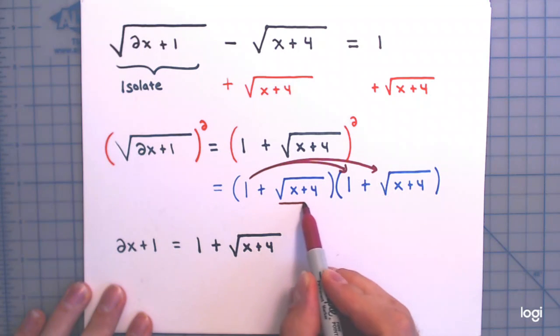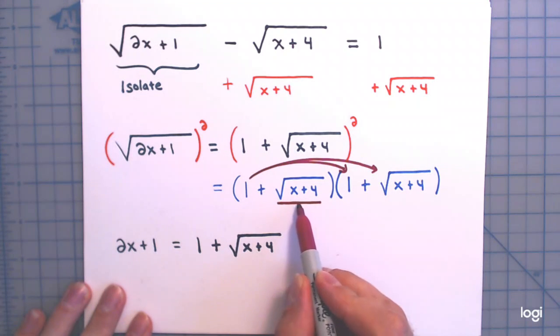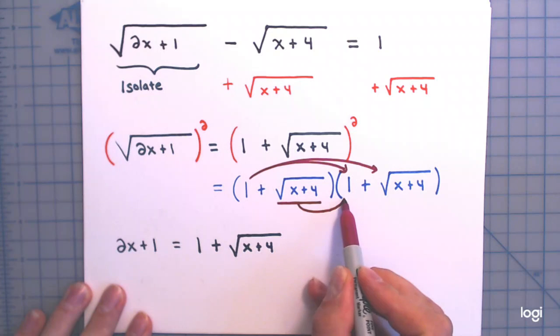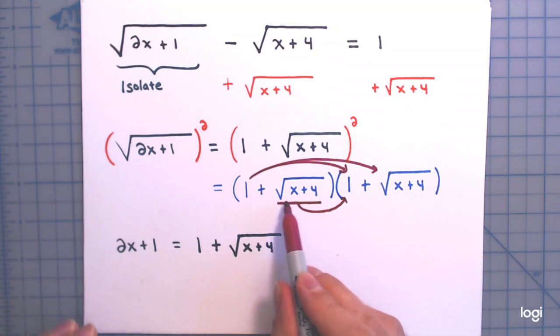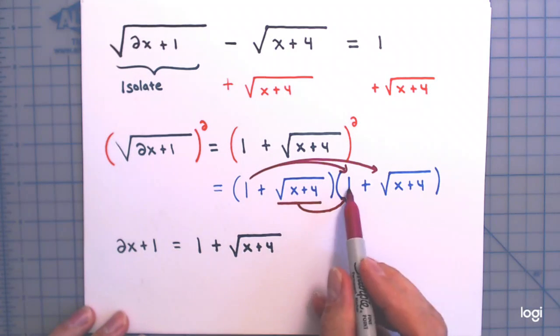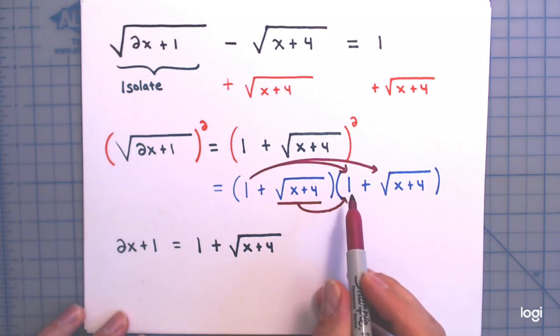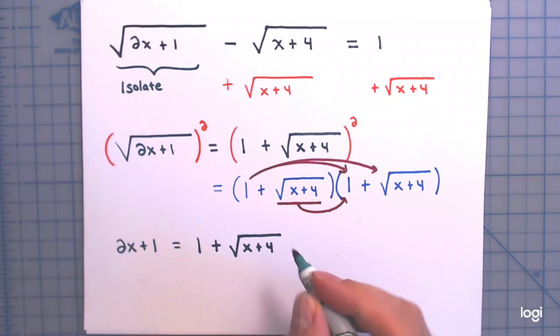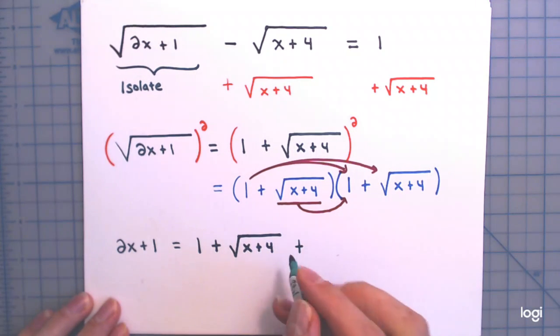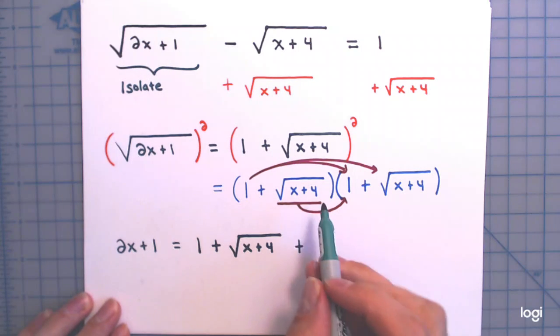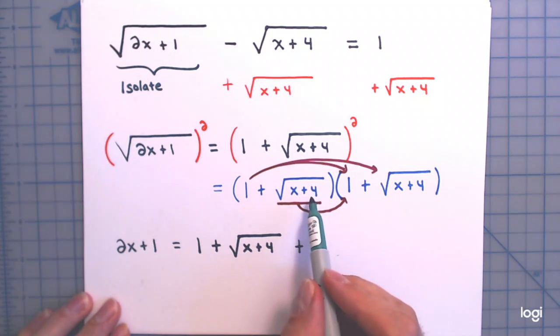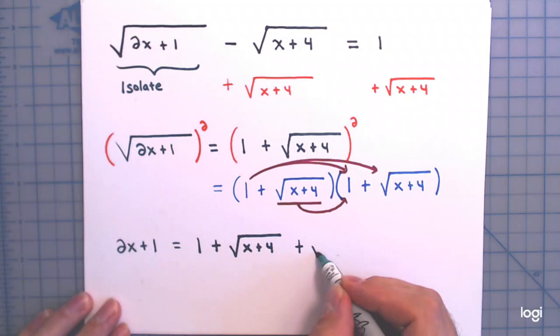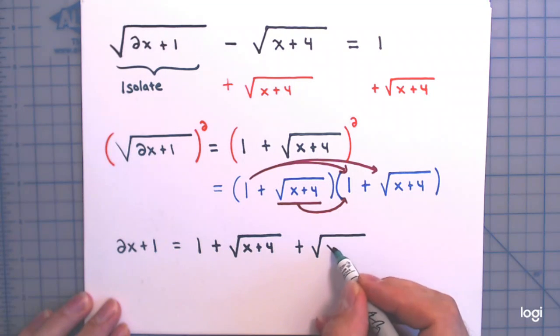Now I'm going to distribute the next term, the square root of x plus 4. The square root of x plus 4 times 1, they're both positive, so the next term is going to be positive, and anything times 1 is itself. So the square root of x plus 4 times 1 is again the square root of x plus 4.